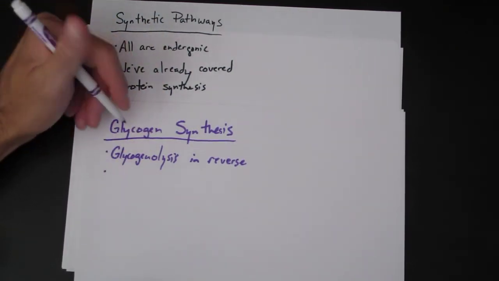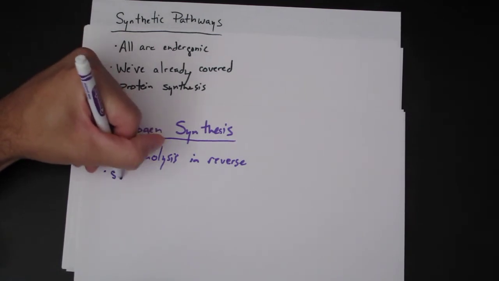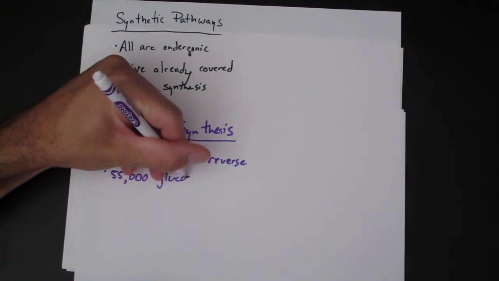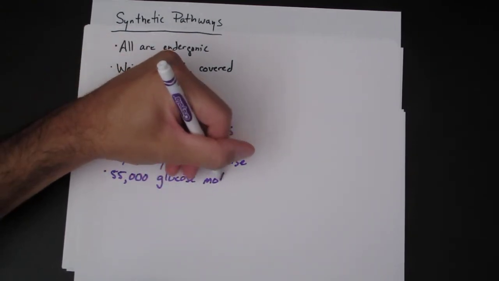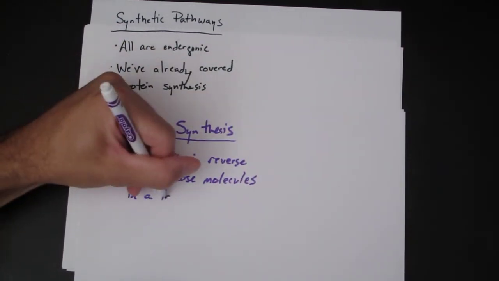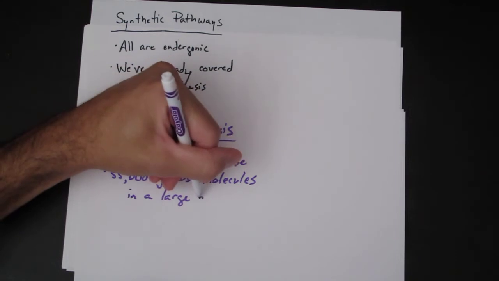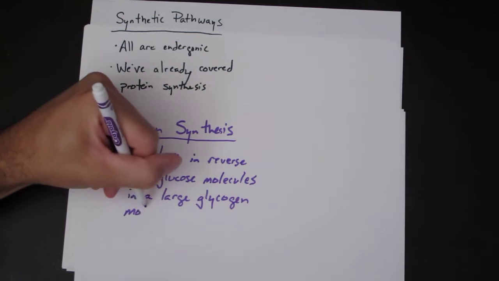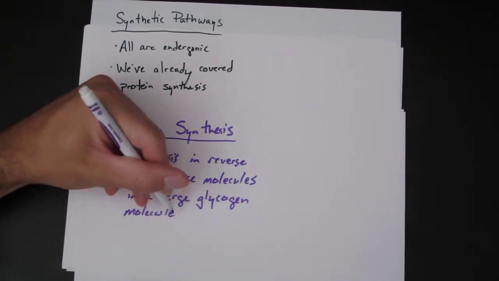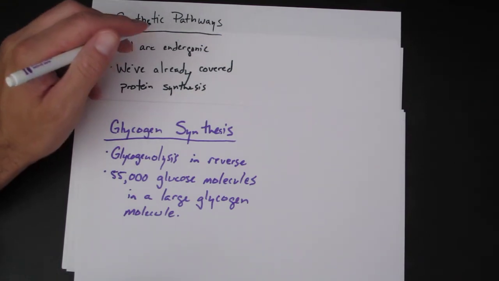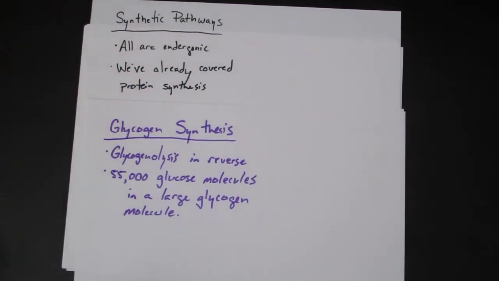Large glycogen molecules are somewhere on the order of about 55,000 glucose molecules. So, we're looking at relatively large molecules here, but they do vary quite a bit. There's no defined size of glycogen.